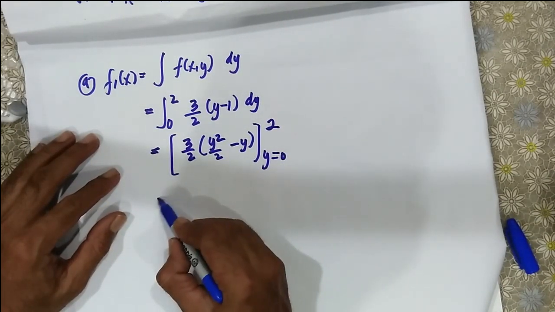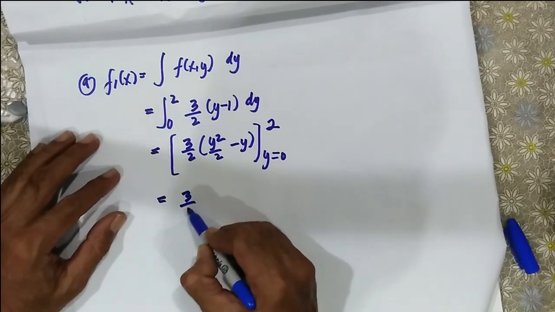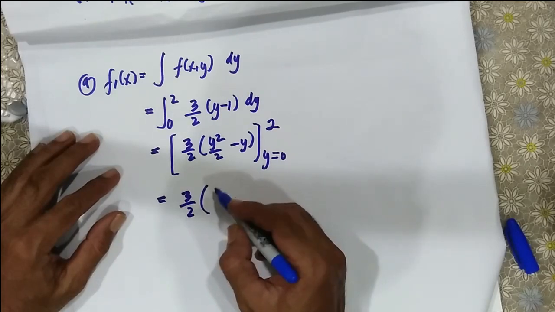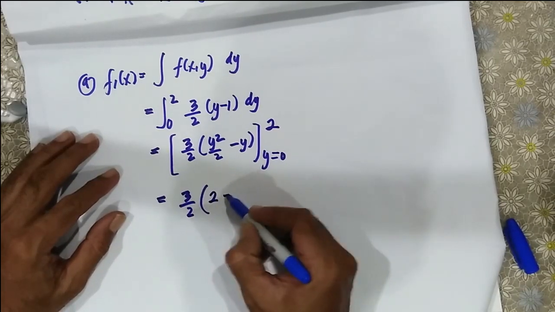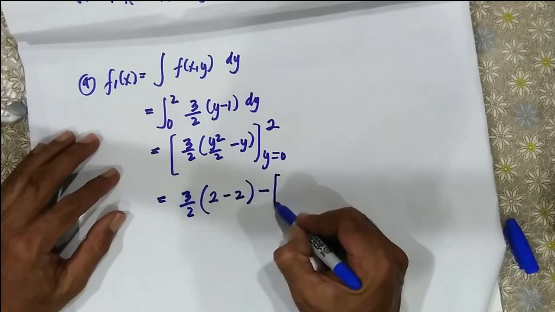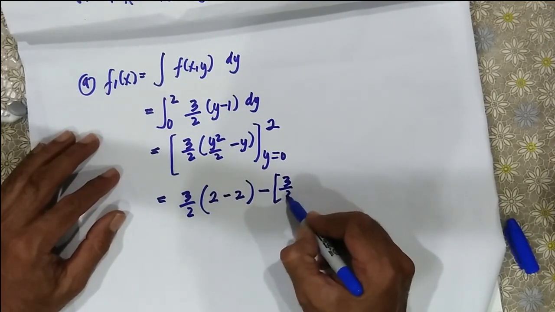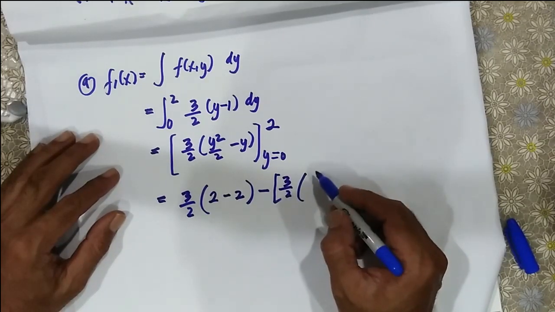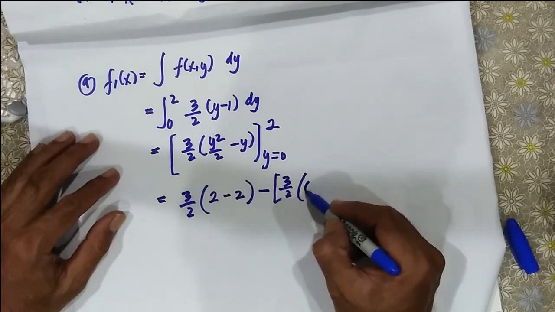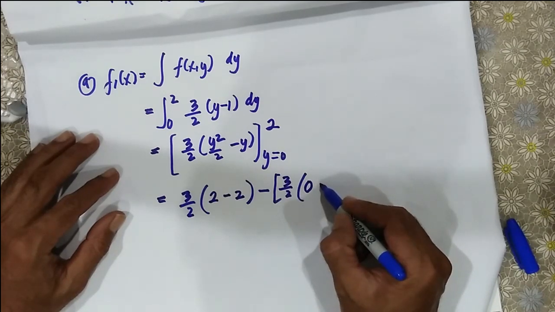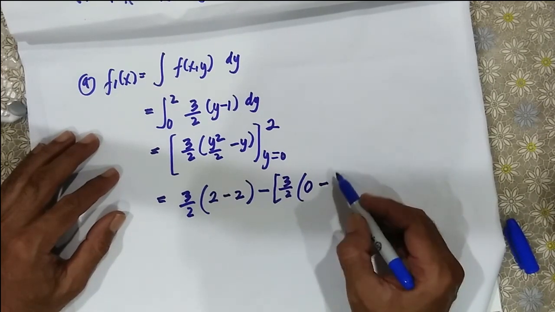So this will give me the answer of 3 over 2 times, 2 squared is 4, 4 over 2 is 2, minus 2, minus 3 over 2 times 0 minus 0.